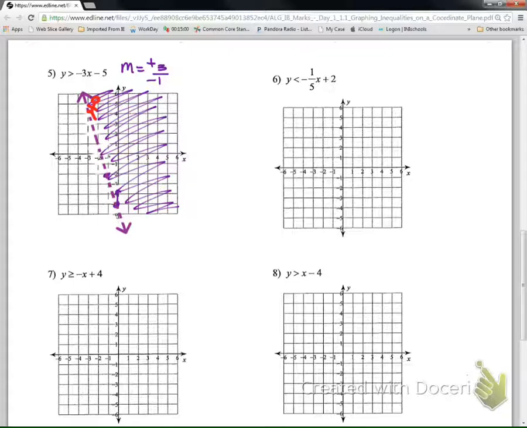Problem 6. We'd find the y-intercept of +2. Using our slope, we'd have to go down 1 and over to the right 5. Connect our points with a straight line. And because it's less than but not less than or equal to, this is a dashed line.